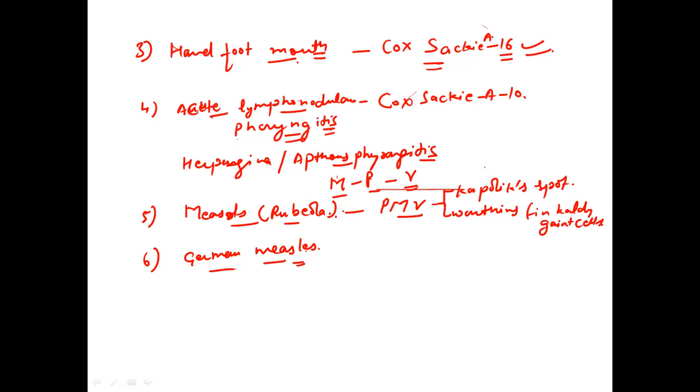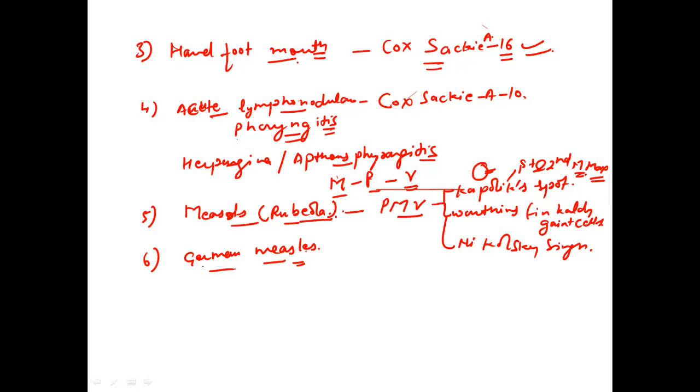These Koplik spots are the halo around the redness, which is mainly present in the first and second maxillary molar, right? Just remember. And the third thing is Nikolsky sign, right? So there are three things associated with measles, rubeola.